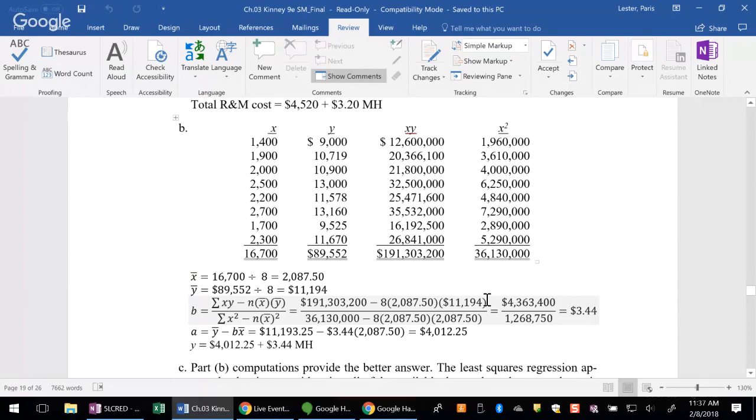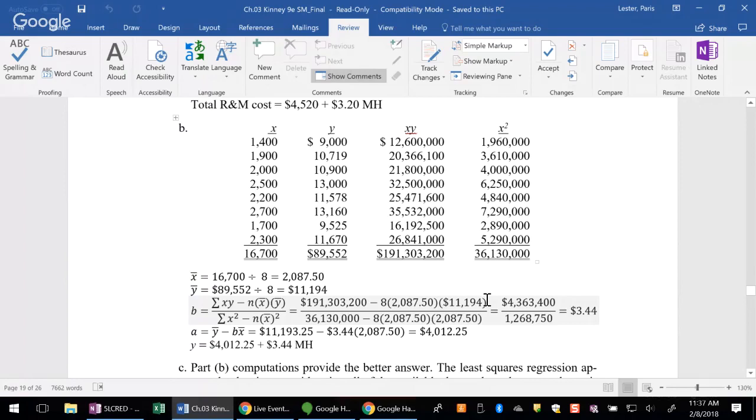A commission of 10% of the selling price is paid on each item sold. Annual fixed selling and administrative expense is $180,000.